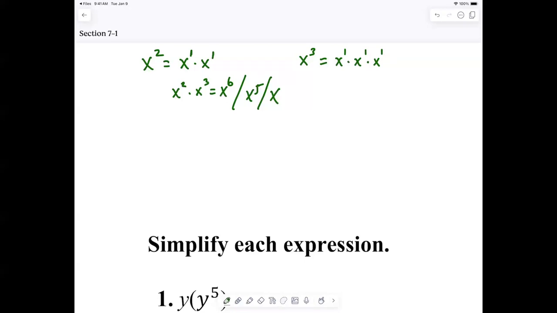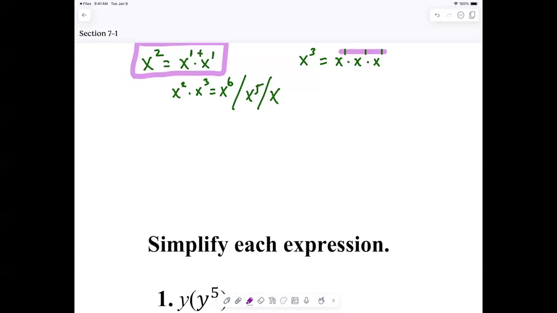If you understand that x squared is x times x, what did I do to the 1 and the 1 to make it a 2? Somebody said you added it. How did I get 3 from 1, 1, and 1? You added it.